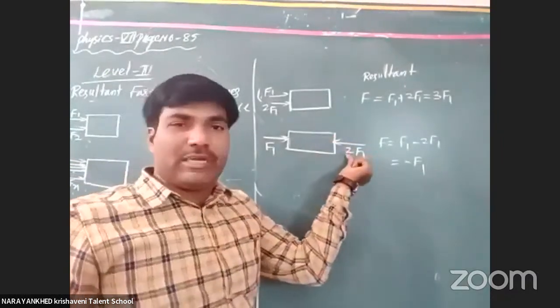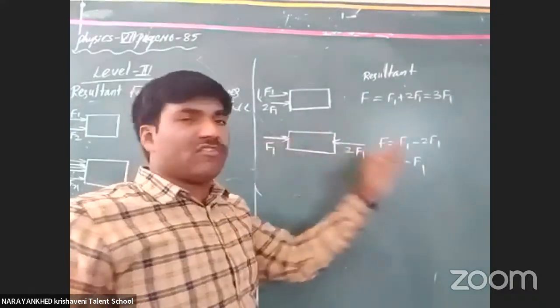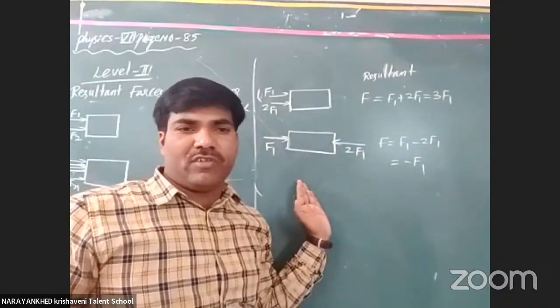There is a 10 Newton force working in the east direction, and a 20 Newton force working in the west direction. In which direction does the body move? Once again, my question: in the east direction a 10 Newton force is working, in the west direction a 20 Newton force is working.